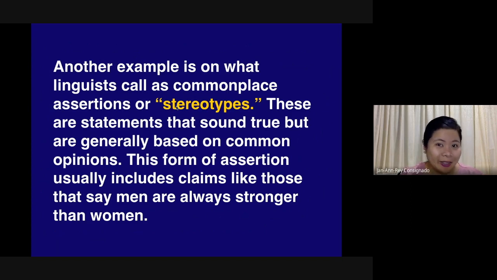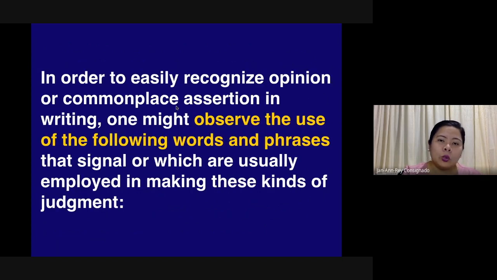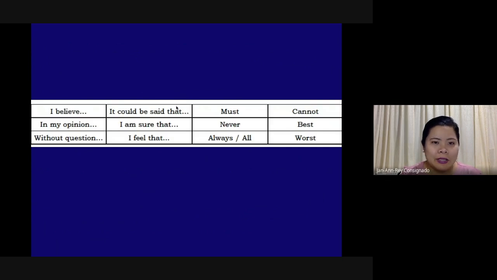In order to easily recognize opinion or commonplace assertion in writing, one might observe the use of the following words and phrases that signal or which are usually employed in making these kinds of judgment. So we have our hints, our cues and signals. What are these?